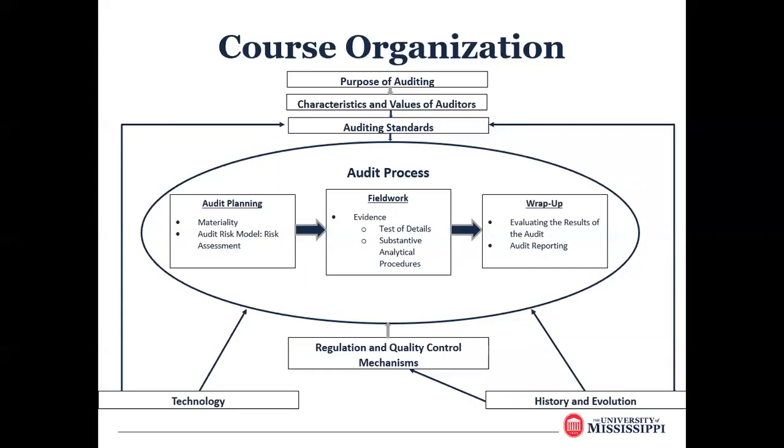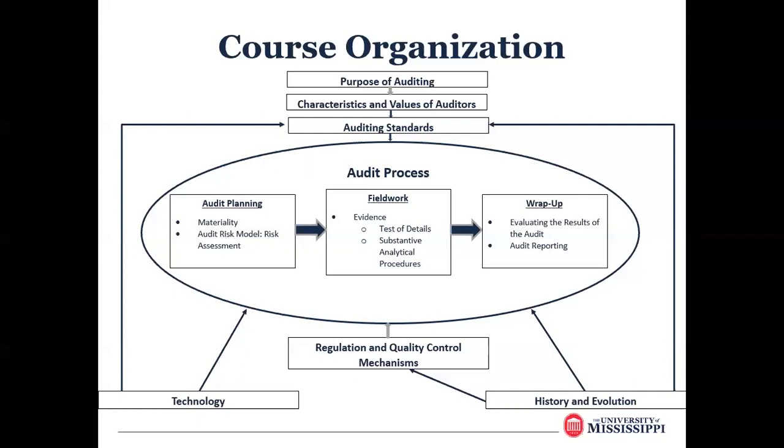Now, within the audit process, I conceptualize that process in 3 steps. The first step is the audit planning part of the process, where we evaluate things like materiality and risk, where we determine the types of substantive procedures that we're going to perform.